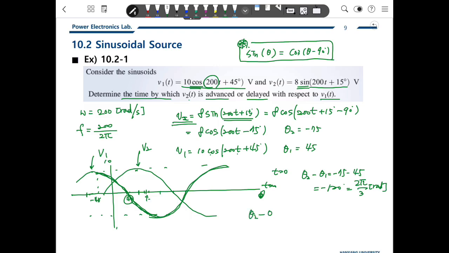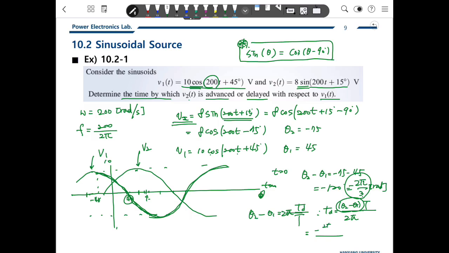Then theta 2 minus theta 1 is kind of 2 pi TD over T. Therefore, time delay TD is theta 2 minus theta 1 times T over 2 pi.